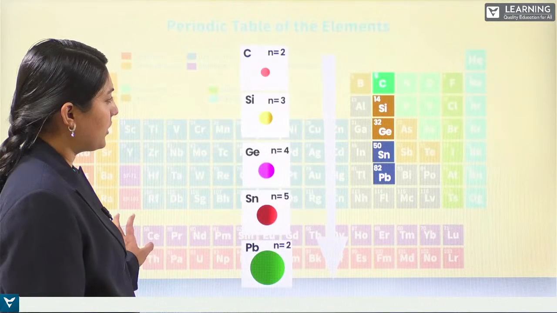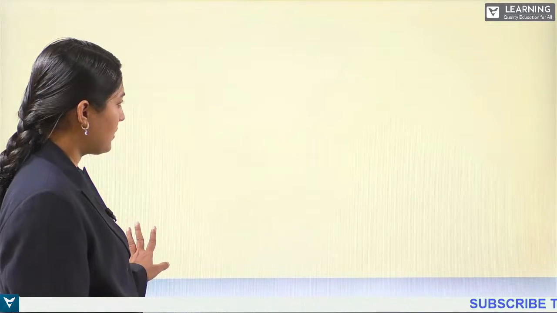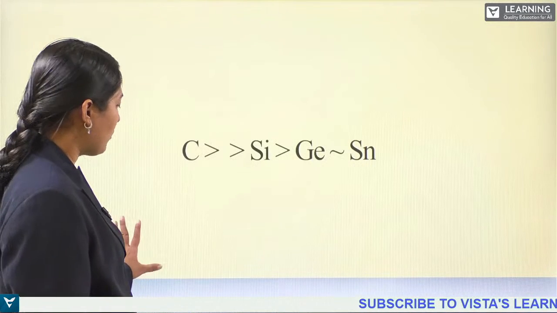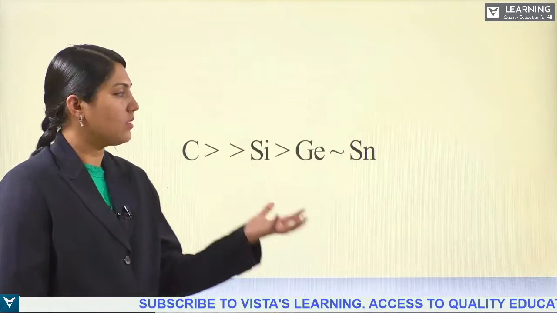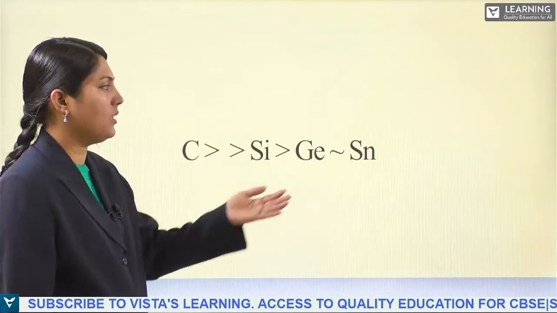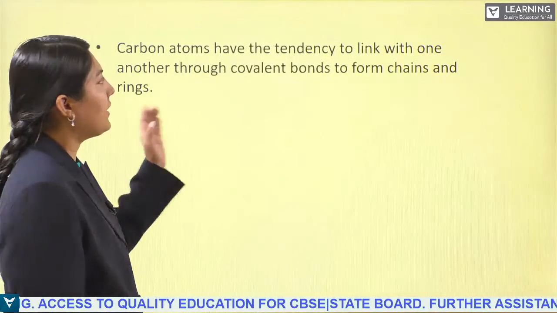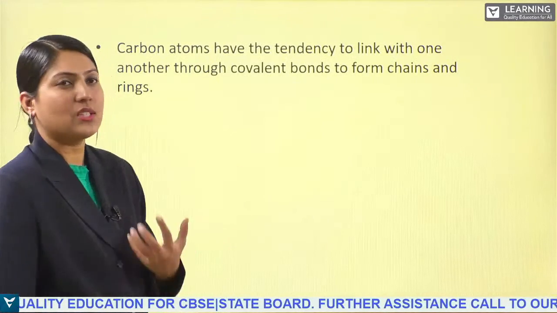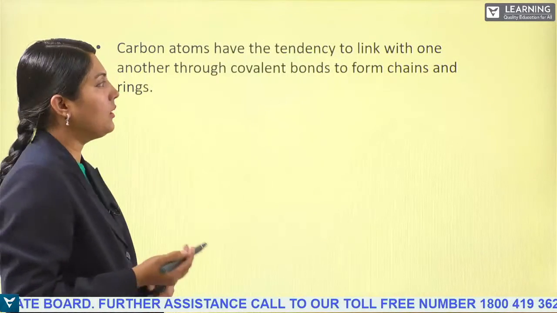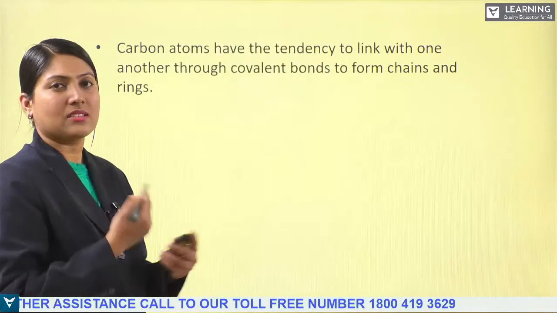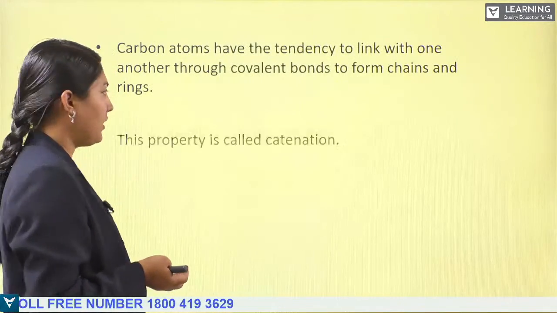As we have already studied, down the group the size increases. We have this exception, the stability of carbon compared to stannous. Here carbon atoms have the tendency to link with one another through covalent bonds, sharing electrons to form chains, and they form rings.